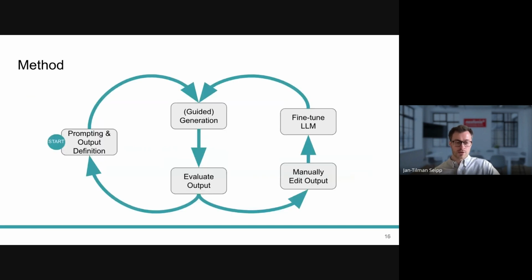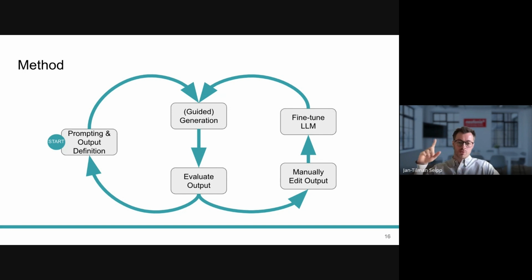Now let's look a bit into the approach we're taking. Here's an overview. You basically see two cycles that are connected by the generation of a model in the middle. We start on the left with prompting. This is a basic prompt engineering task, and we also define an output structure. That output structure could be a list, or in our example, it's a JSON file.